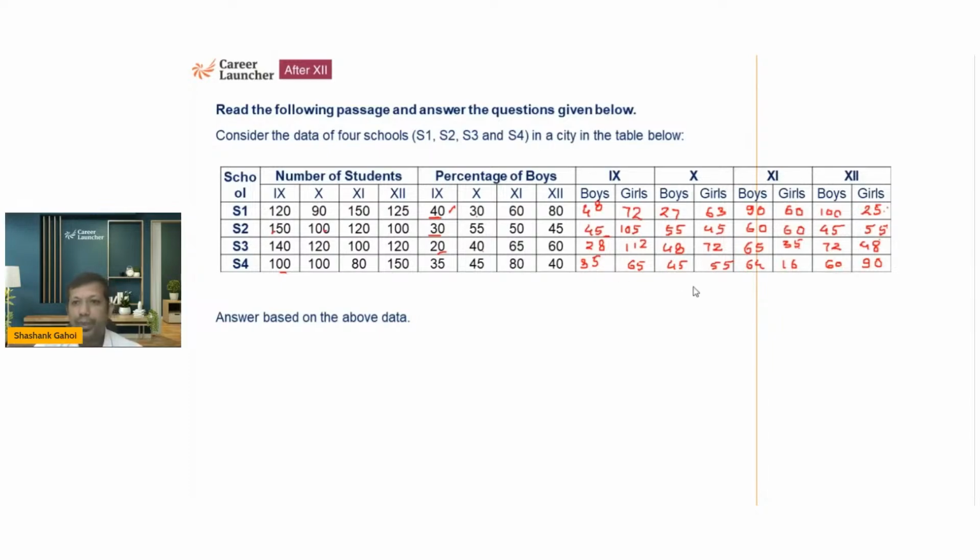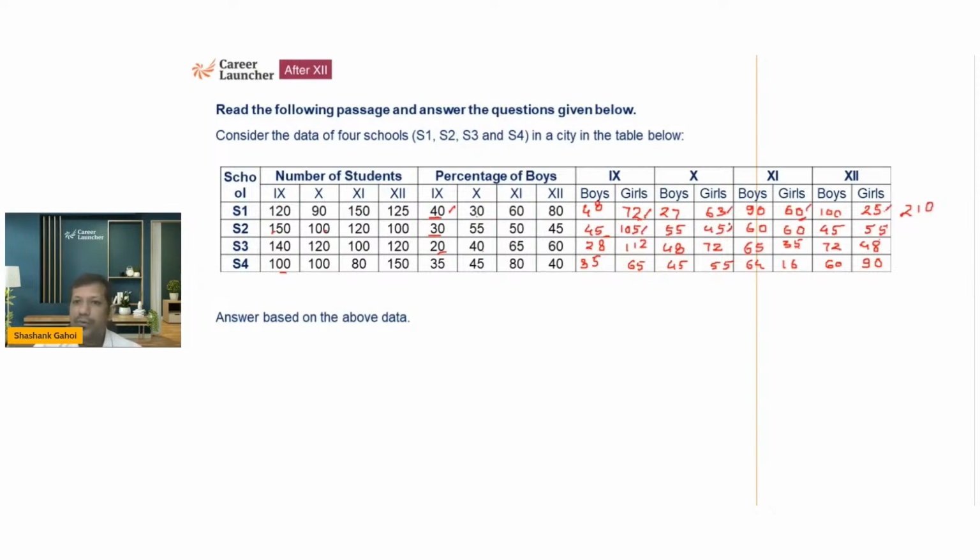Okay. So in the first one, we got 72, 63 is going to be 125. 125 plus 25 is going to be 150. 150 plus 60 is going to be 210. Okay. All the girls. I'm adding this, this, this, and this.